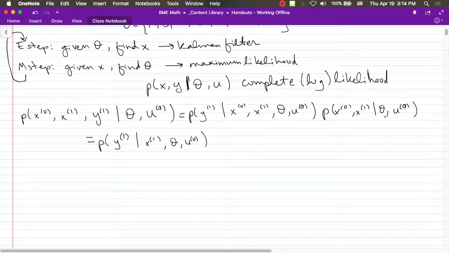Okay, now we're going to split this guy. So now I'm going to have P of x1 given x0, theta, and u0. And what goes here?